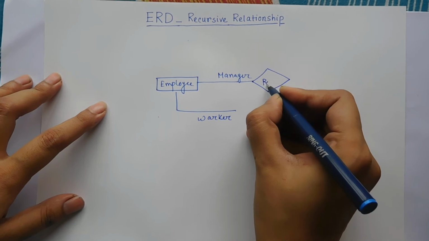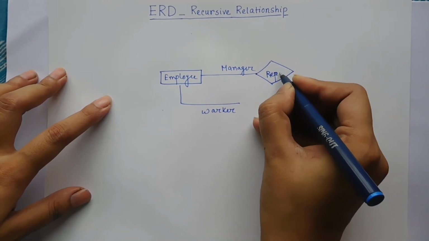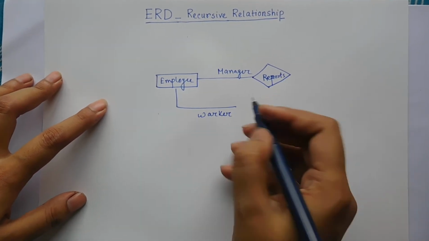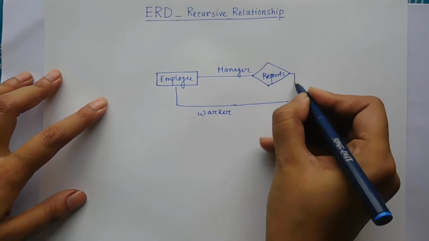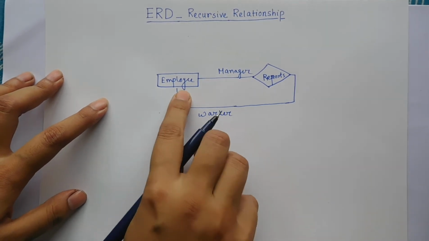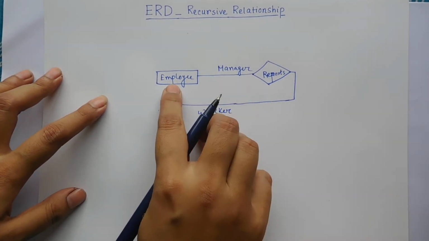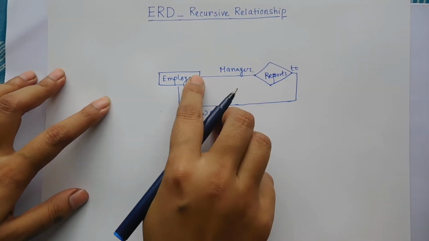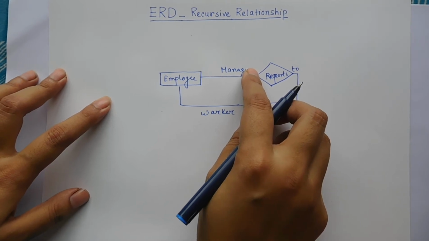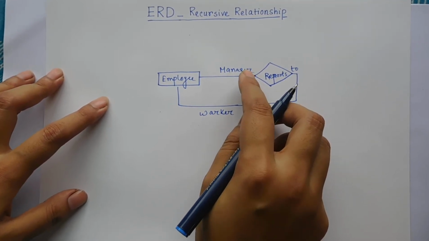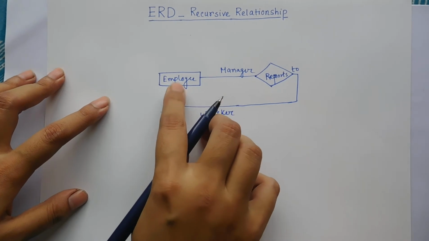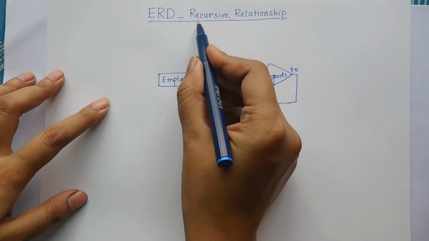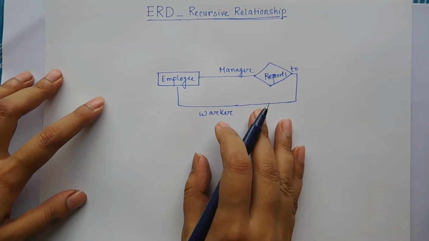So reports is a relation between the employee entity and itself. Workers and managers are both employees. So if an entity is related with itself, it is called a recursive relationship.